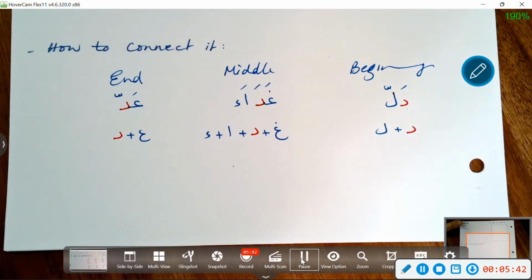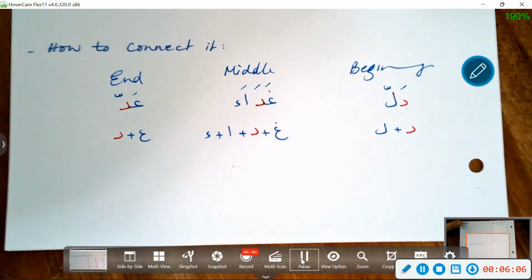Now why do I write it in the past and say it means to count? This is one of the things about the Arabic language: in English, the verb in its simplest form is the present tense, to count. In Arabic, the simplest form is the past tense. We're going to study that later on.